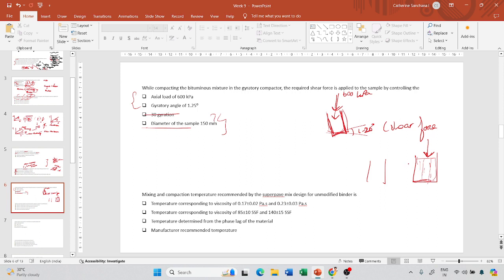If you just slant the mold and you apply a vertical load, then some force will act as an axial force, and the remaining will act as shear. So if you resolve the forces, you will get both axial and shear forces, and it is only because of this angle. So the answer to this is gyratory angle of 1.25 degrees, right?